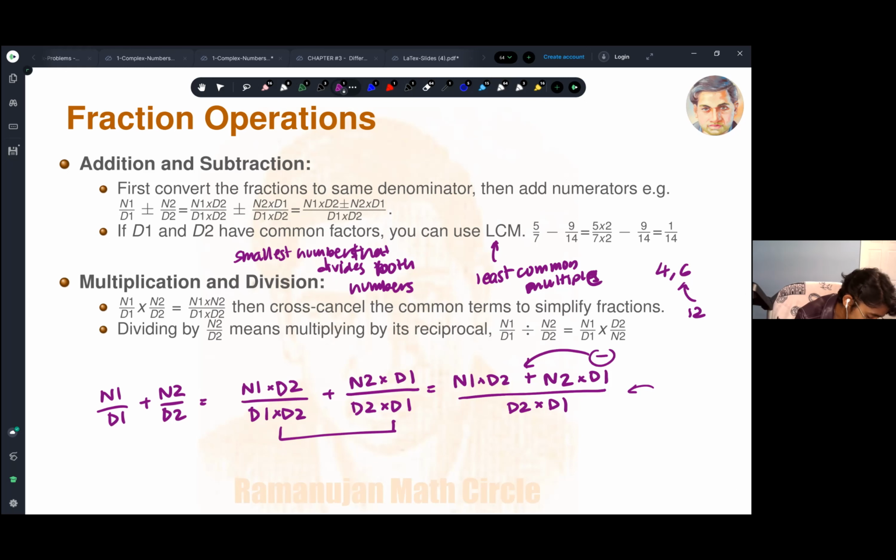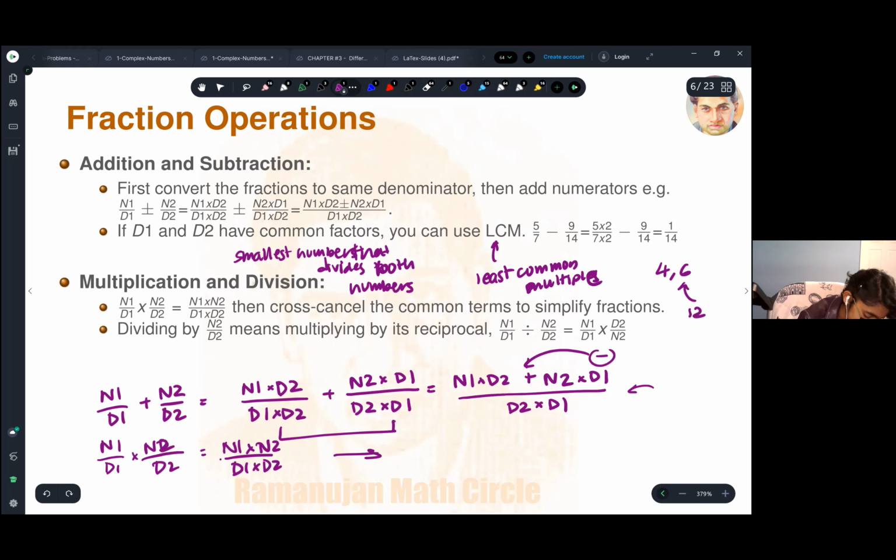Multiplication and division is straightforward. Multiplication is just multiplying the numerators and denominators, no difference at all. Dividing, n1 over d1 divided by n2 over d2, means you flip the second fraction.